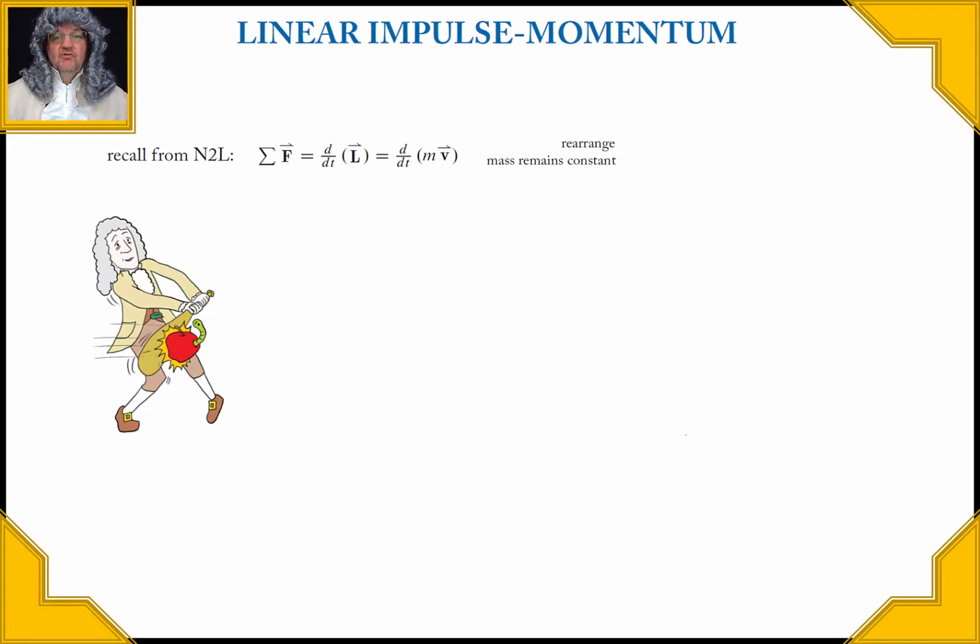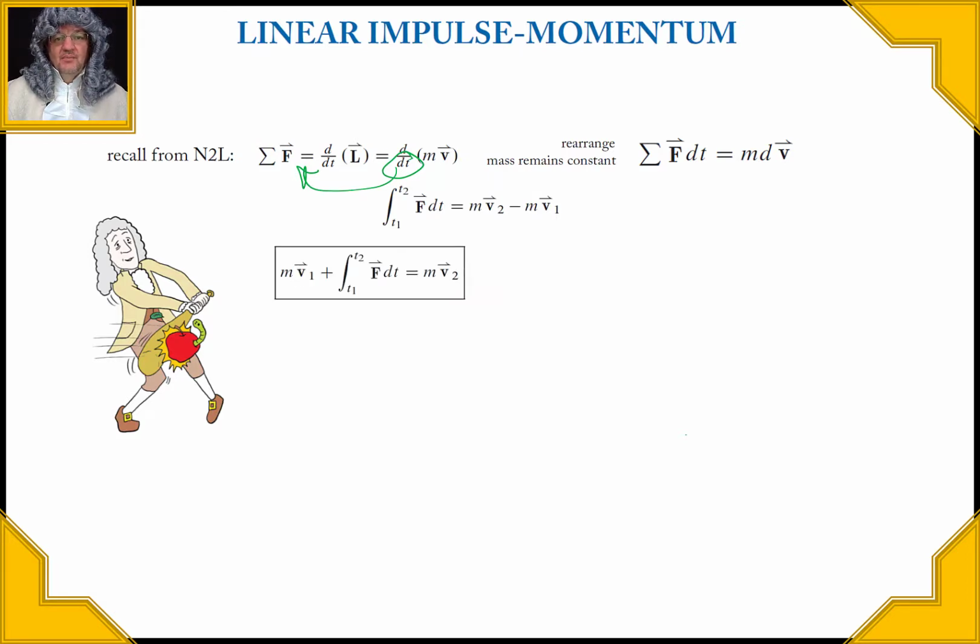But we could rearrange this, when mass is constant, as the sum of the forces times dt, taking that dt and moving it over to the force side. That is simply our impulse and momentum equation, right out of Newton's second law. So you can see the connective tissue right in there.